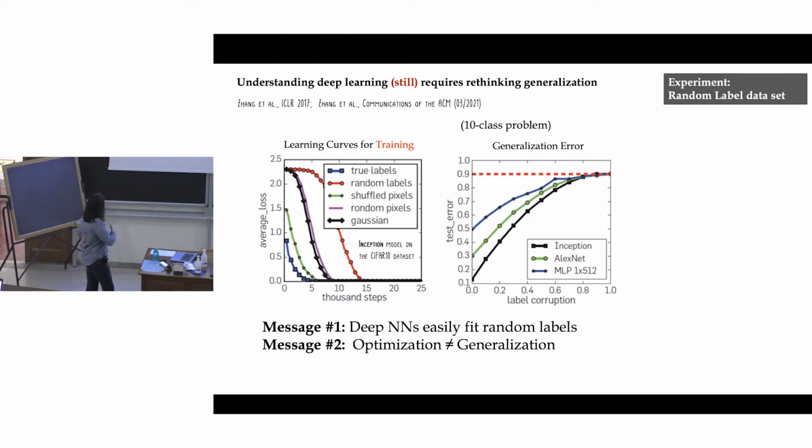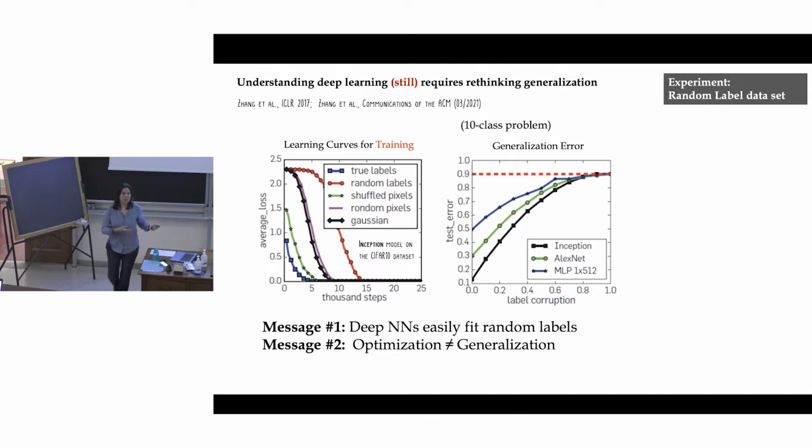Okay, so then we can conclude two things from this. One, it's obvious: deep neural nets can easily fit random labels. I can put so many parameters that my model will just memorize the entire data set easily. But the thing that I found more interesting here is that they construct an experiment where they can say clearly that optimization is different from generalization. Because by construction, I cannot generalize. Every time we take a model, take a loss function, and try to minimize it with an optimizer, we are doing an optimization procedure.